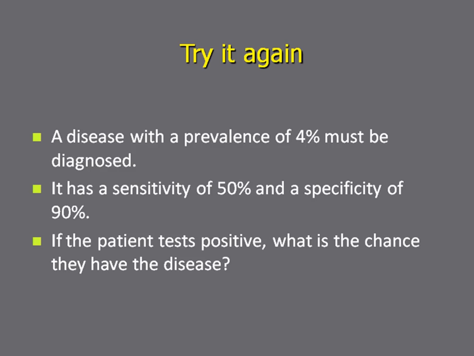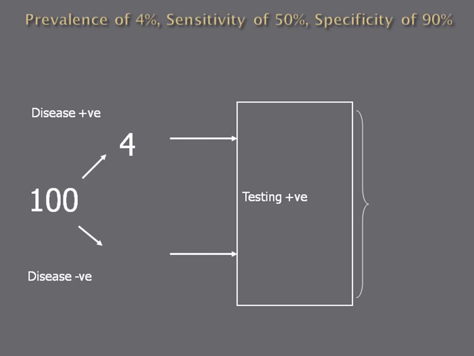So let's go through this again. We've got that patient group of 100 and a prevalence of 4%, which means only 4 have the disease and 96 do not. With the sensitivity of 50%, only 2 patients with the disease test positive.